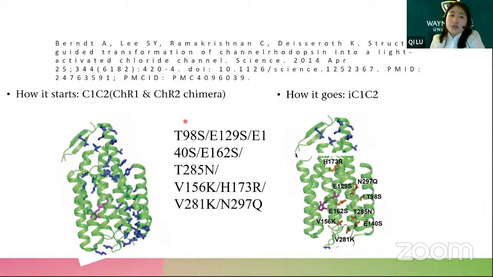So two years after the structure was published, in 2014 in a Science paper from Deisseroth's group, they made nine point mutations to this channelrhodopsin structure, and they could change this cation channel to an anion channel. That means they can pass chloride.